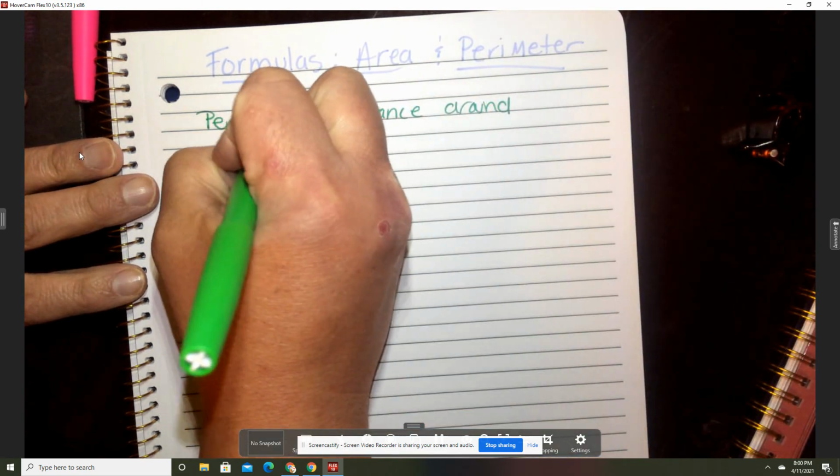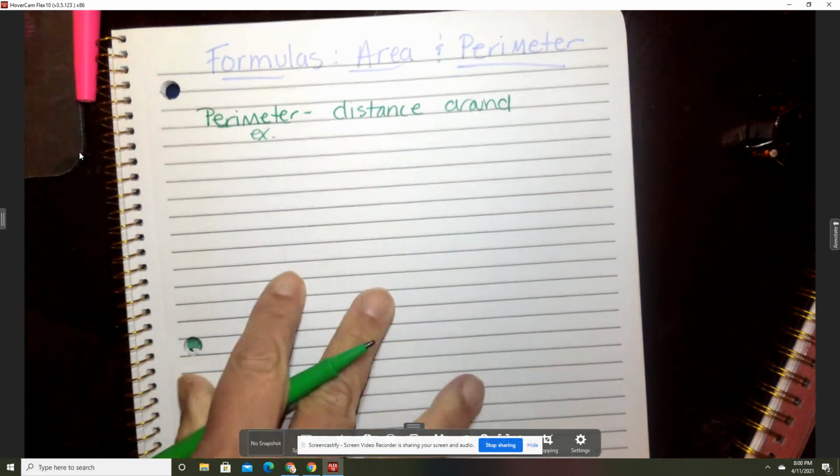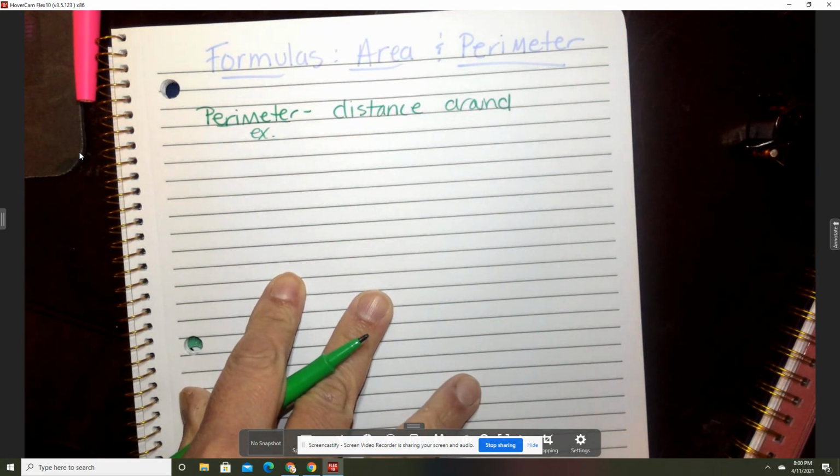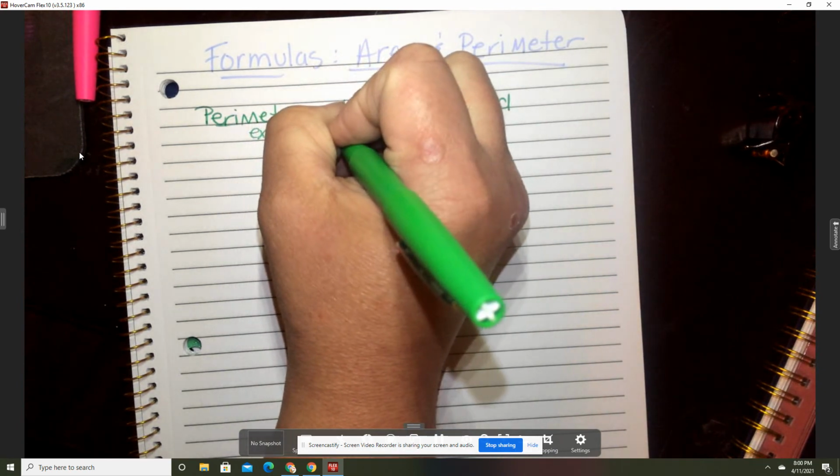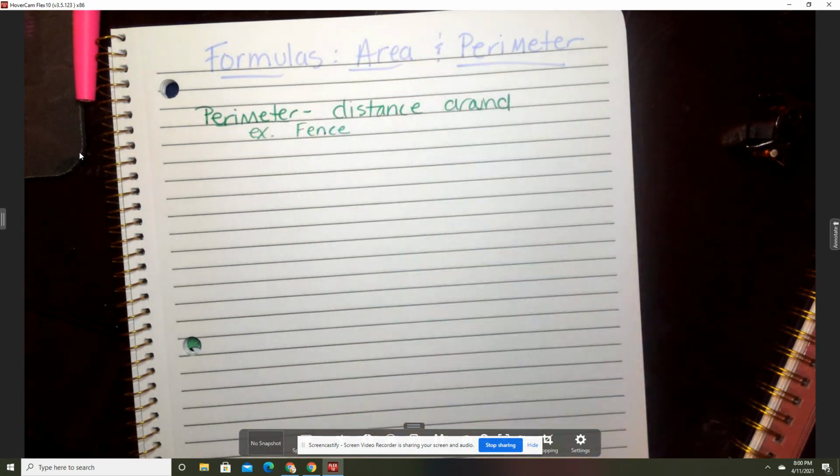Examples would be, so guys, make sure you're writing this down too. If I'm writing, you're writing. Examples would be a fence. A fence goes around the yard. Perimeter, if you've ever heard, sometimes a police officer will walk the perimeter of a school.